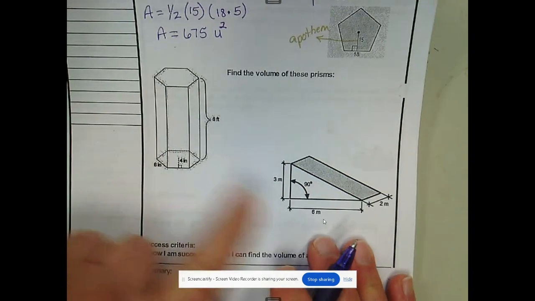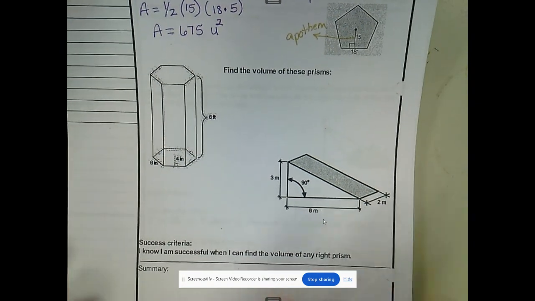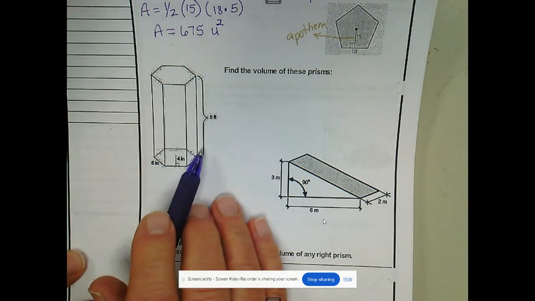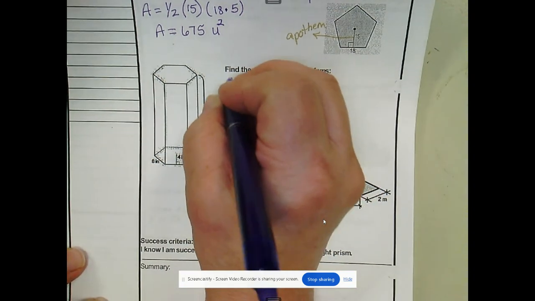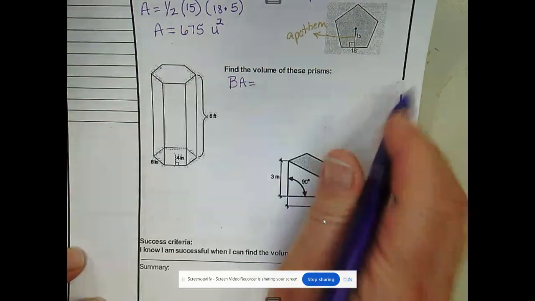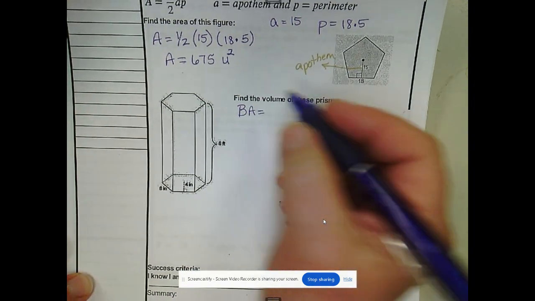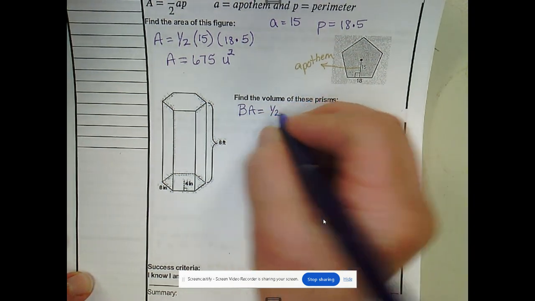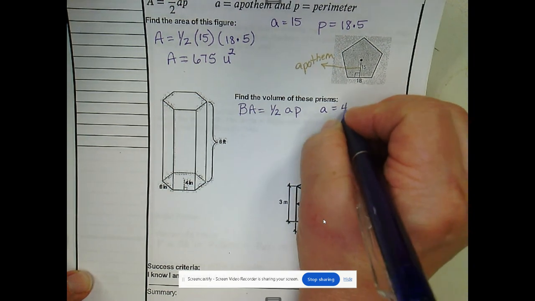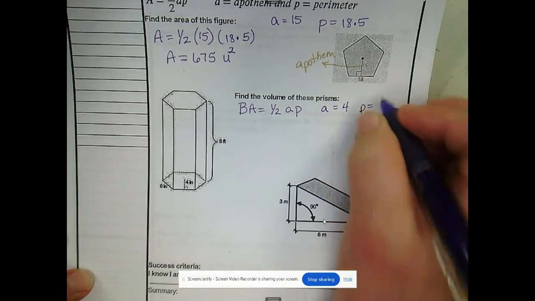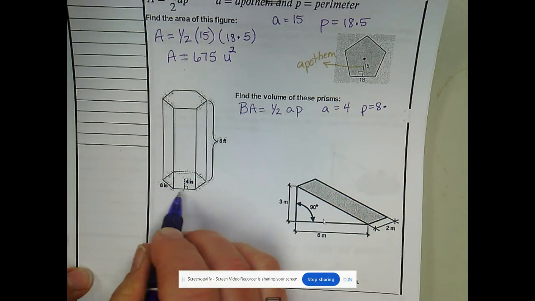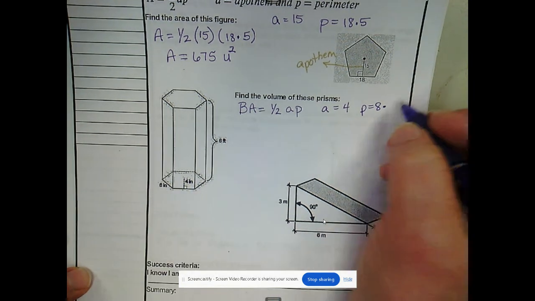Okay, so we've got 2 different prisms to find the volume of. The first one we'll do first. So for our base area, we will use 1/2 of AP. Your A will be 4. Your perimeter will be 8 times 1, 2, 3, 4, 5, 6.